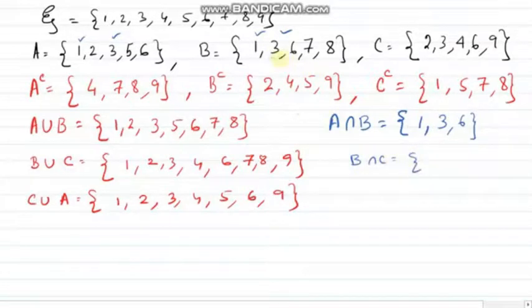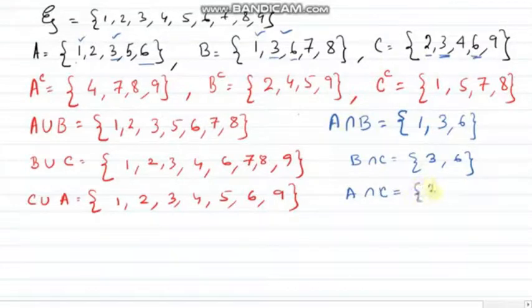We have 3 common, we have 6 common. Anything else? No. So B intersection C will be 3, 6. What will be A intersection C? We have 3 and 6 common, and also we have 2 common, right? So A intersection C is 2, 3, 6.